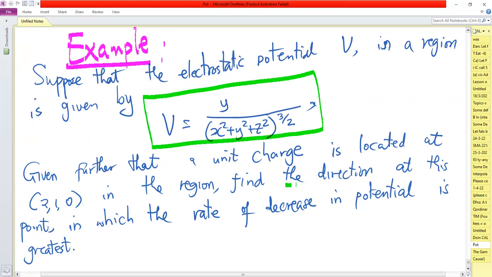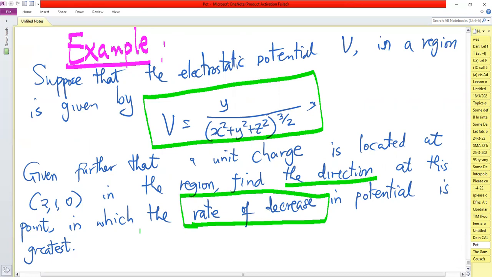Find the direction at this point in which the rate of decrease, so the key word here is decrease, is greatest. So the first thing to do is to define the gradient of this electrostatic potential.